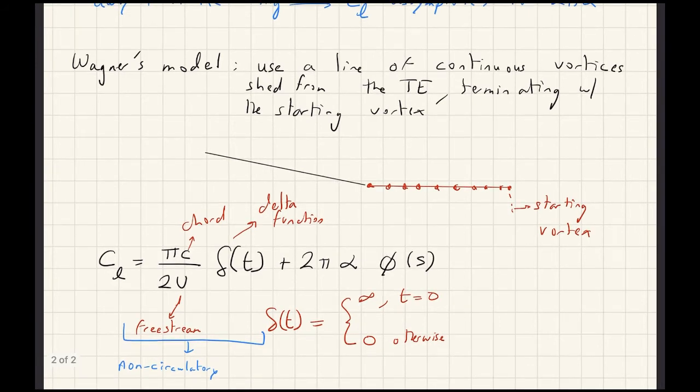And then 2 pi alpha, alpha is angle of attack, and phi of s is Wagner's function.